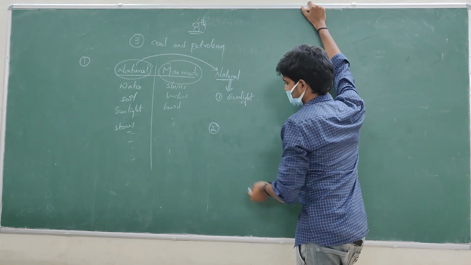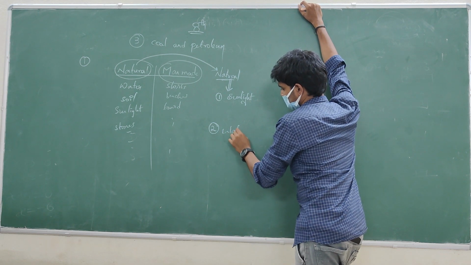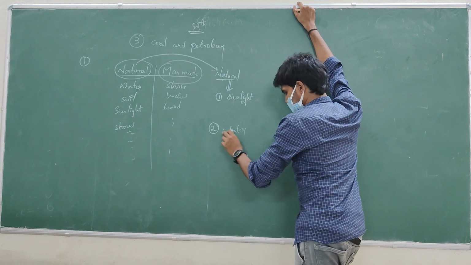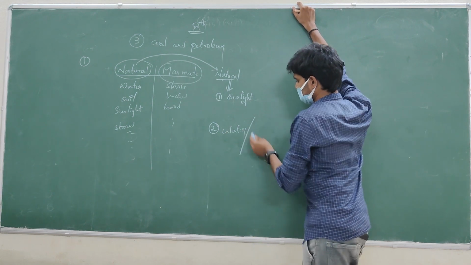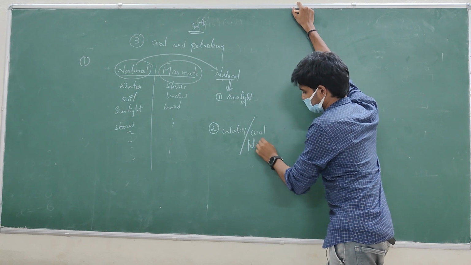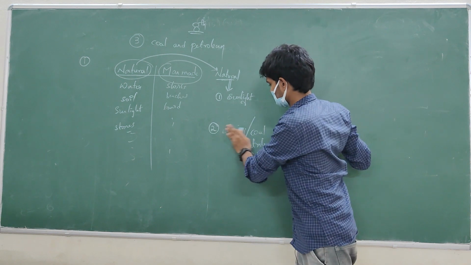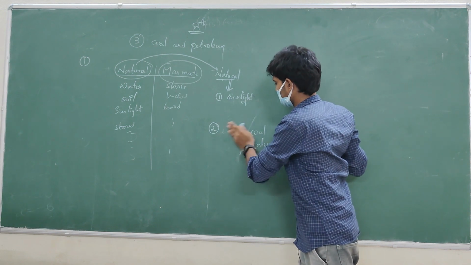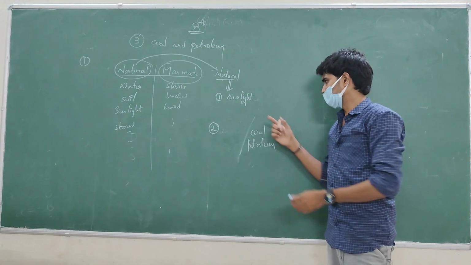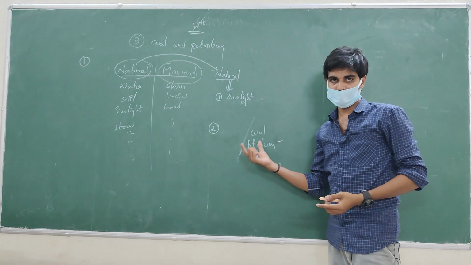On the other hand, water, and some other cases, scarcity, coal, petroleum. We'll remove water right now because we have plenty of water, but not drinking water. So coal and petroleum. If you look into these two cases, sunlight and coal and petroleum.